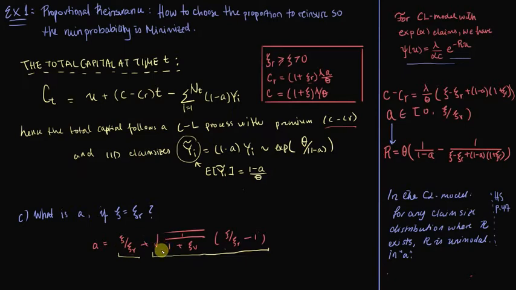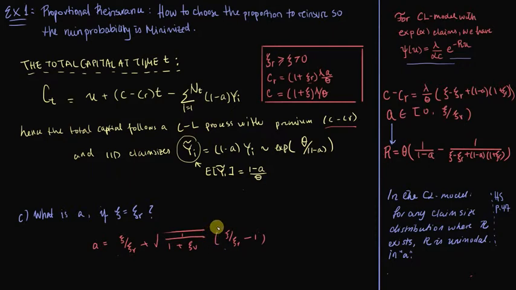And we can actually see that if psi r is sufficiently large, then the second term will be numerically small. However, if psi r is not sufficiently large, then there may be some cases when this expression for A actually becomes negative.